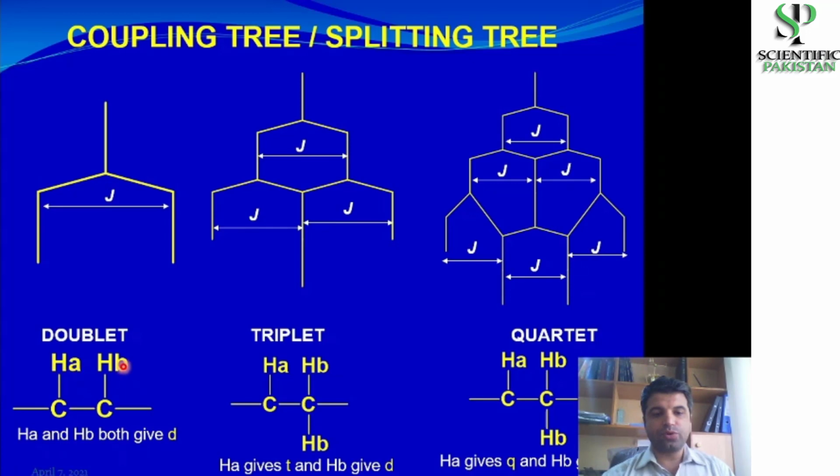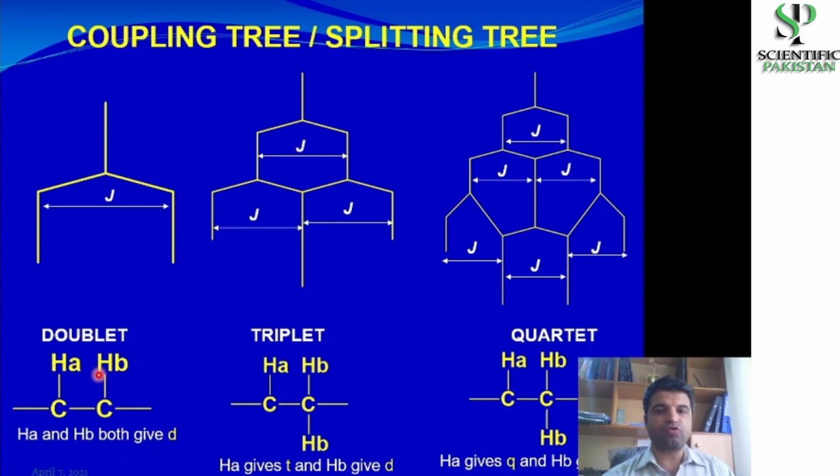So these two protons, HA and HB, are vicinal to each other, meaning they are attached to adjacent carbon atoms. And because they are magnetically inequivalent, their coupling will be observed. So HA will be split into a doublet because of HB according to the n+1 rule, and HB will be split into a doublet because of HA, again according to the n+1 rule.